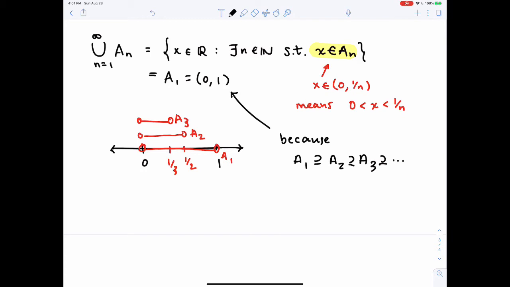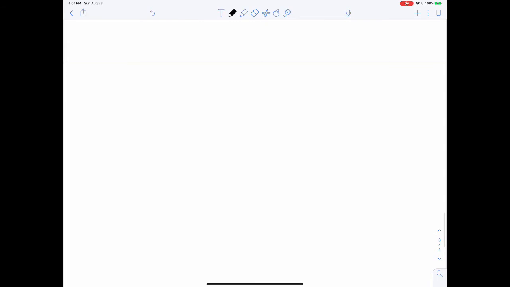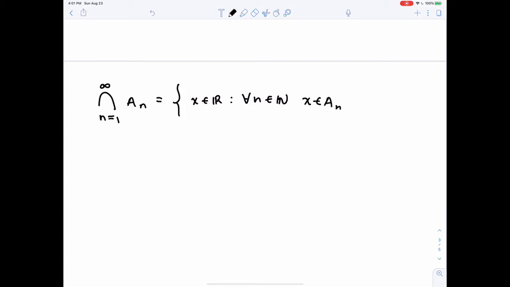Now let's take a look at the intersection. So we said this is going to be all the reals such that for all n, x is in A sub n.